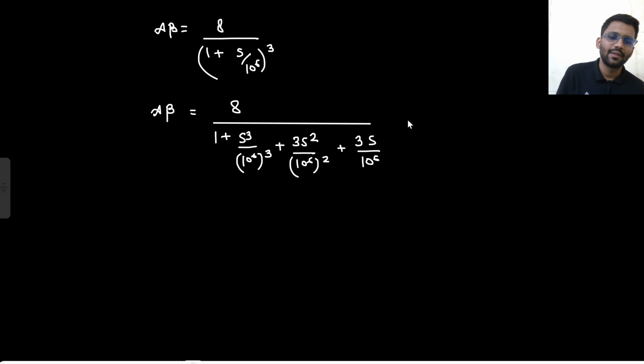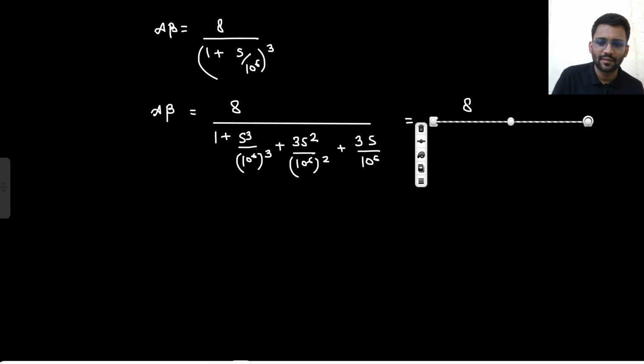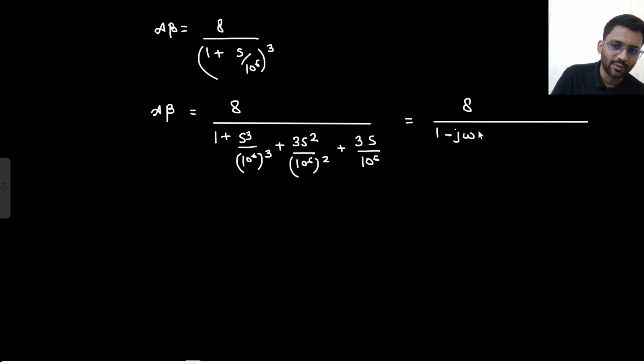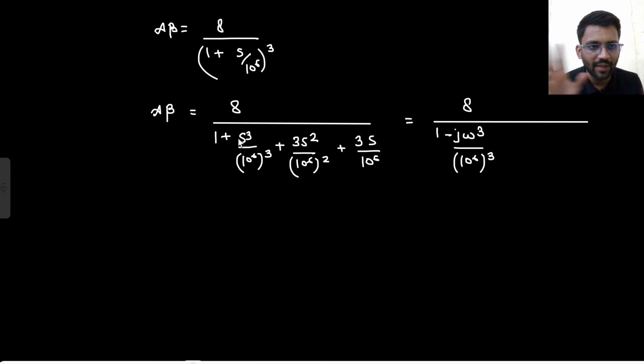Well and good. What else can you write? 8 divided by 1 minus j omega cube divided by 10 to the power 6 to the power 3. Say yes or no? This is our A beta. I am not taking any magnitude. I am not taking any gain. I just wrote the A beta equation.